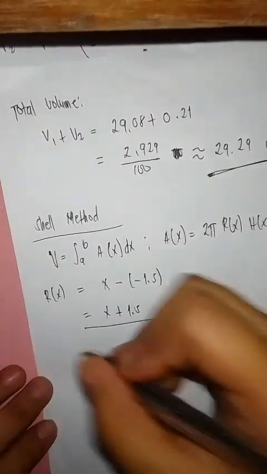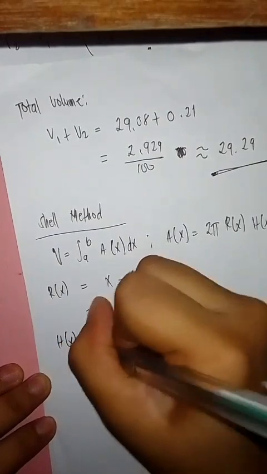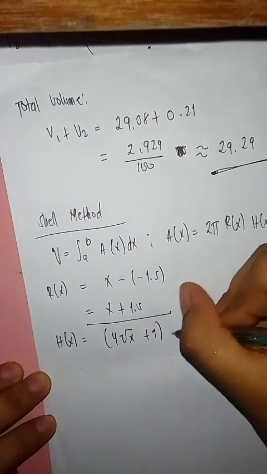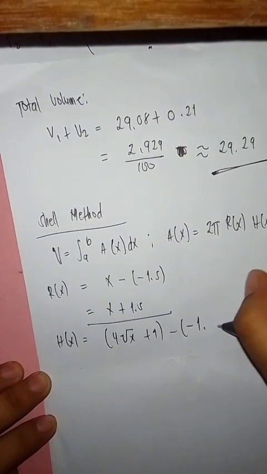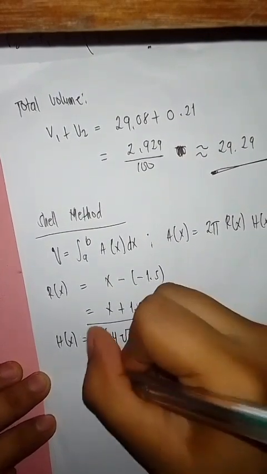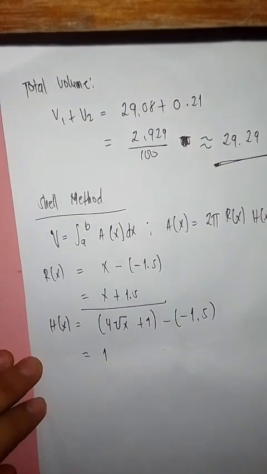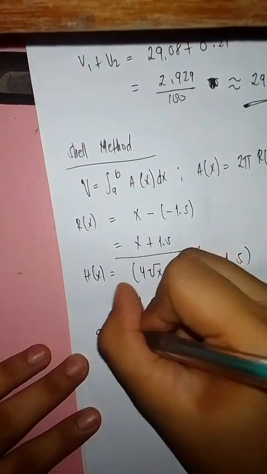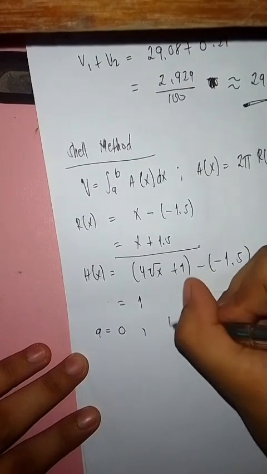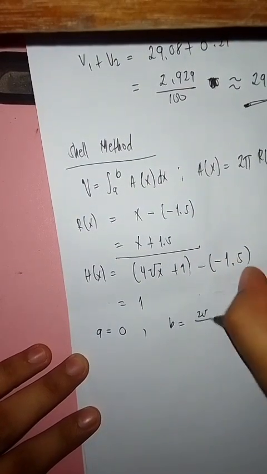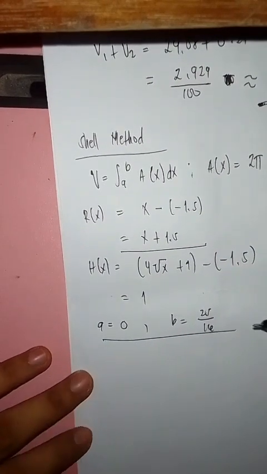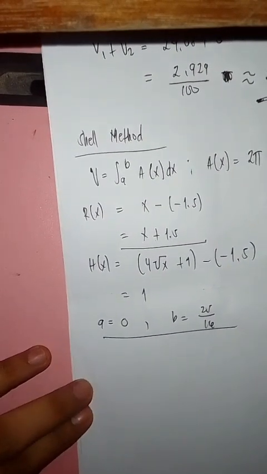And our h(x) is equal to 4 square root of x plus 1 minus negative 1.5, which is equal to 1. Using the formula, our a is equal to 0 and our b is equal to 25 over 16. These are the boundaries that we will see in the graph.